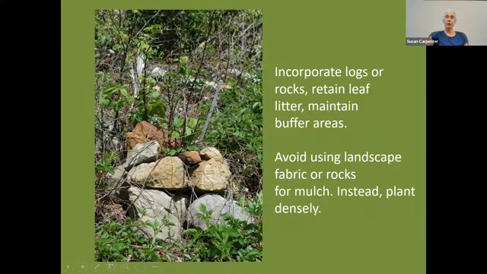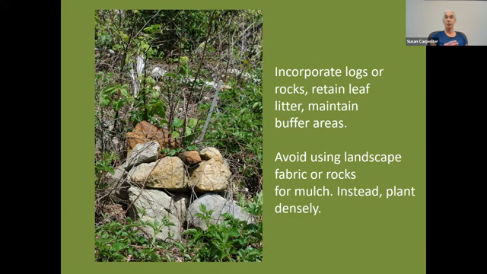For other garden practices, we like to have some messy areas, if you will, incorporating logs or rocks, like a rock pile like this, leaf litter retained, and some buffer areas if possible, where things are a little bit more like nature's gardening would handle it.